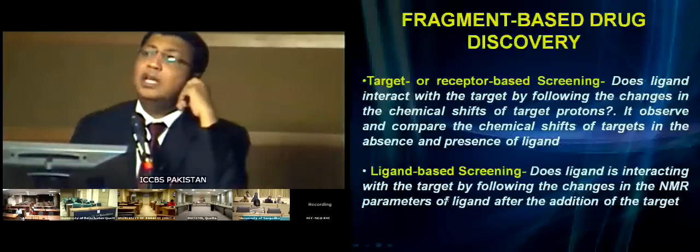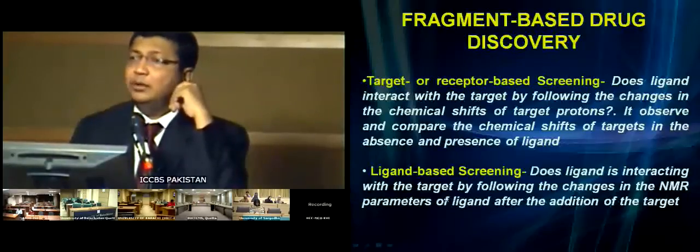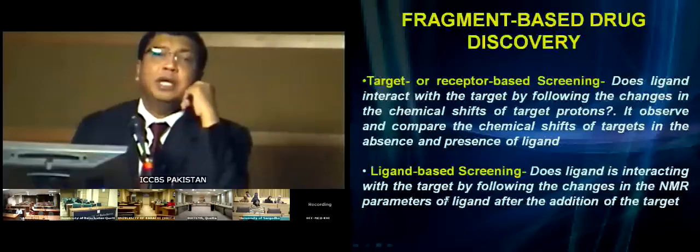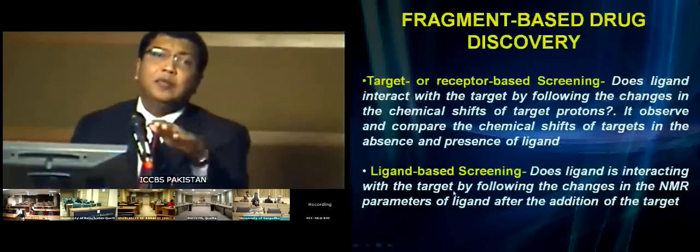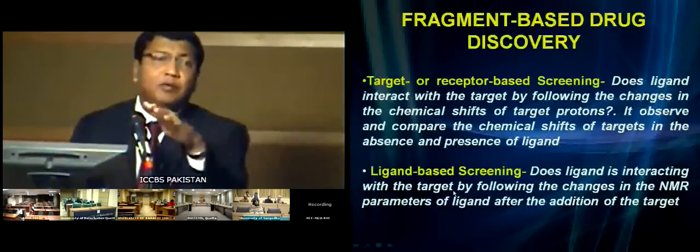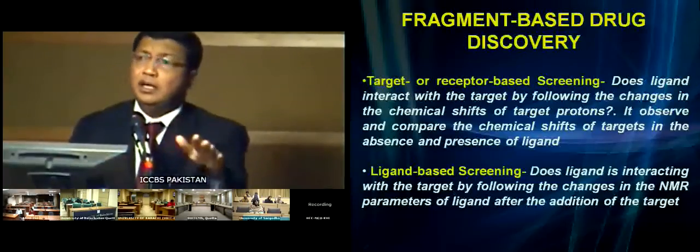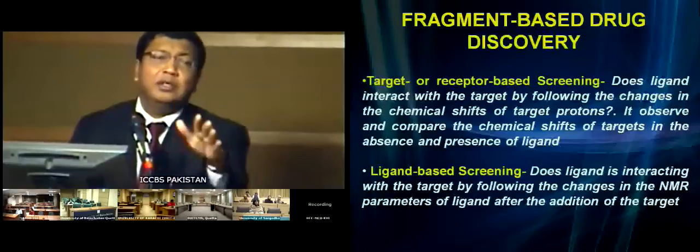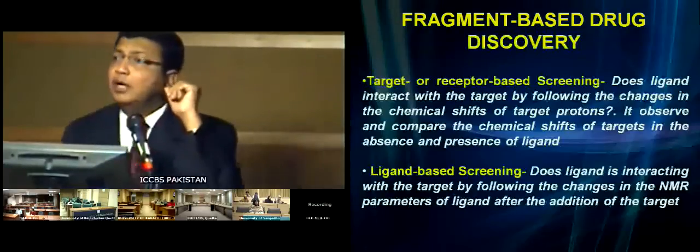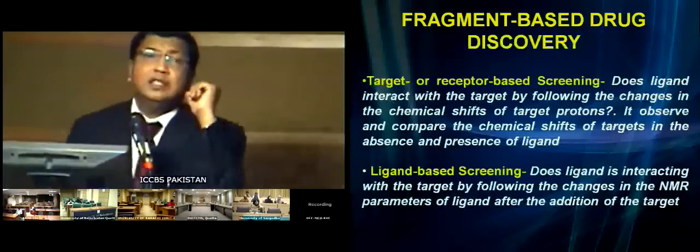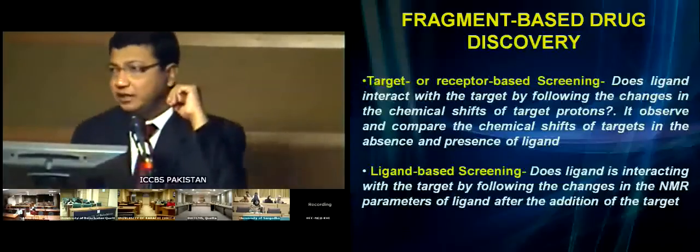I would say these are my lead molecules, and you can do it in a quantitative manner. So this will give you a whole profiling of binding, from no binding to weak binding, or weak binding to strong binding, just by looking into NMR parameters, intensity of signal, chemical shift changes.